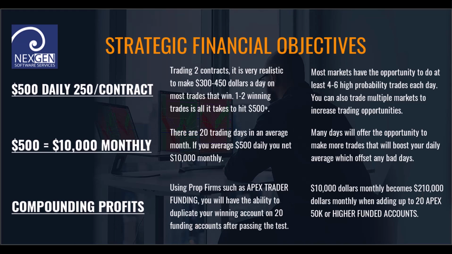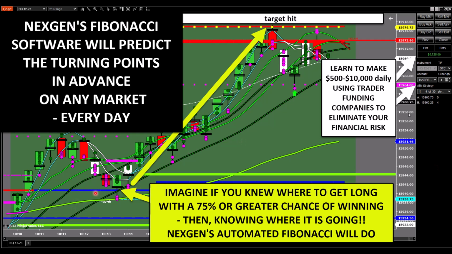What we're going to do, there's two things. First, our Fibonacci software. I'm going to make a big fat claim, and I want to tell you that we can back this up. Our software will predict the turning points in advance every day, over and over and over and over. Scary accurate.